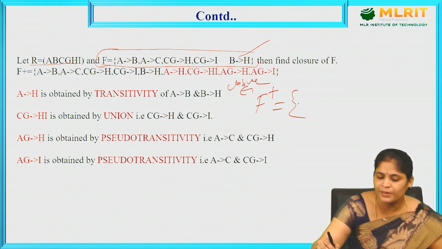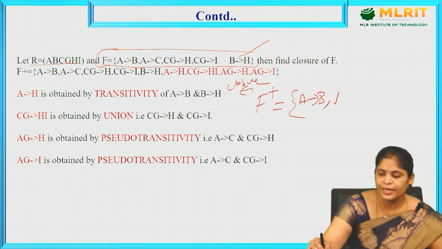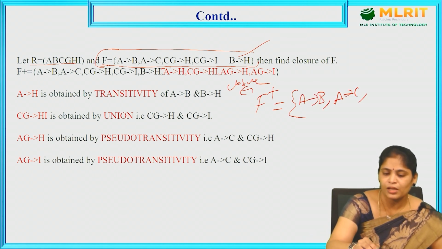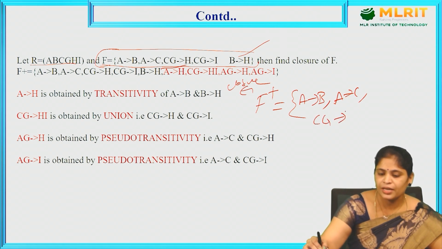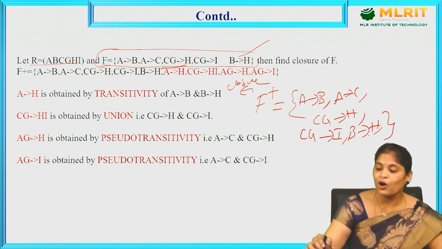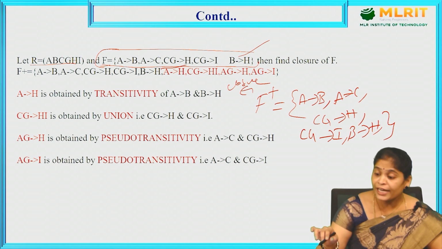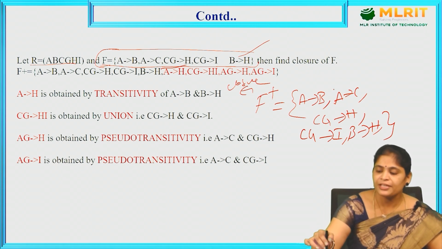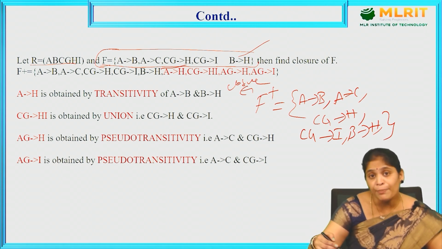So, this F plus contains A implies B, right? Next, A implies C, CG implies H, CG implies I, and B implies H. By including all the FDs, first of all, we need to find a closure. Later on, from these FDs, we can derive some more FDs.